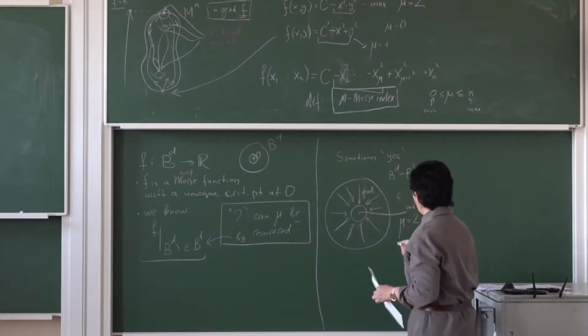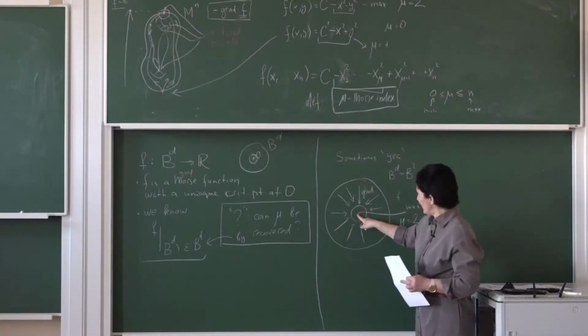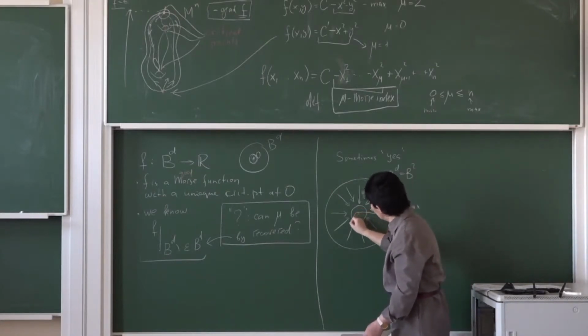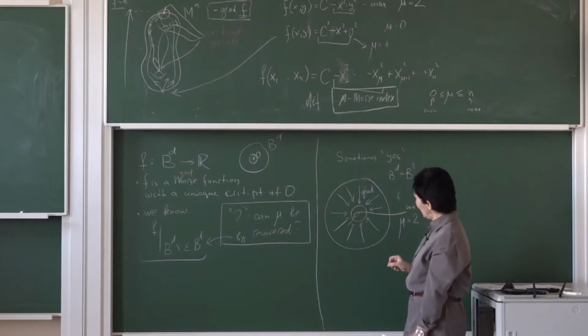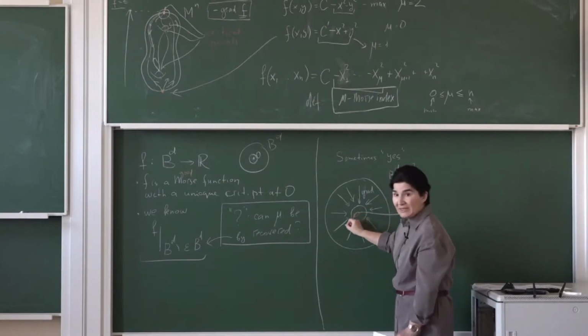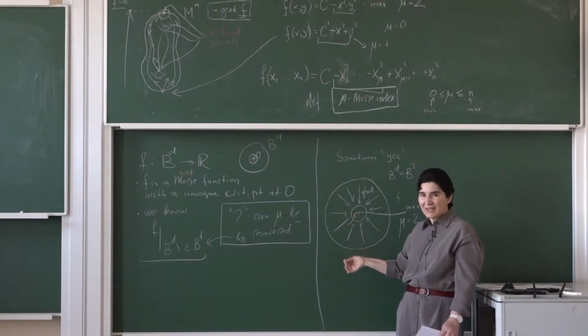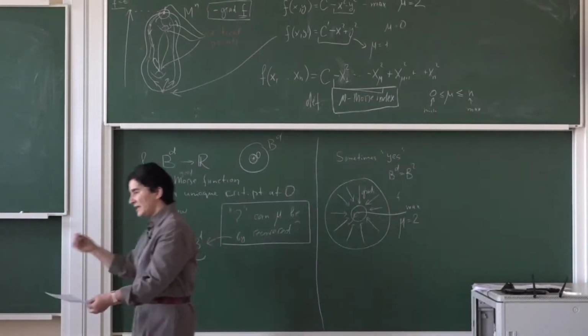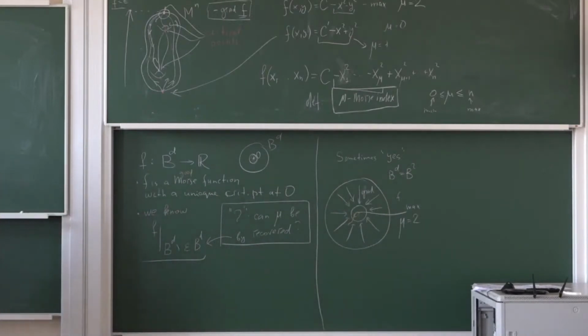So if it were not a maximum, then there would be an outgoing gradient line. It goes out, and it cannot just terminate, because gradient lines go from critical points to critical points, or from critical points to the boundary.